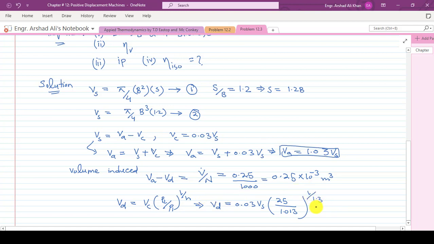So by simplifying this, we get the value of VD, that is 0.3533 into Vs.